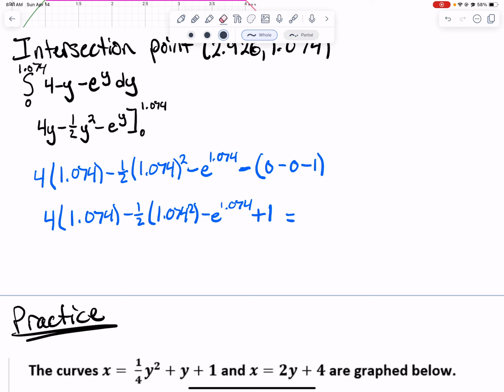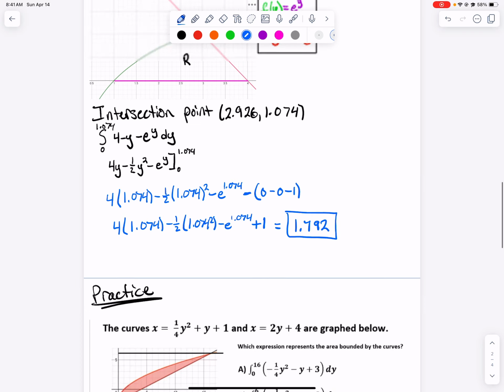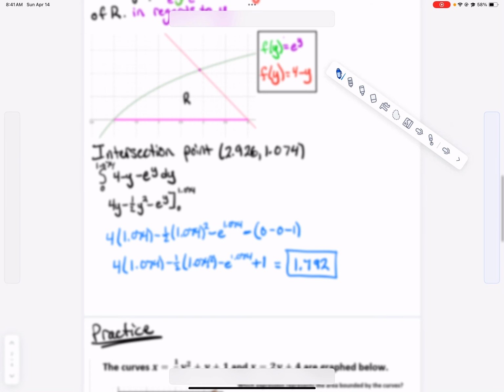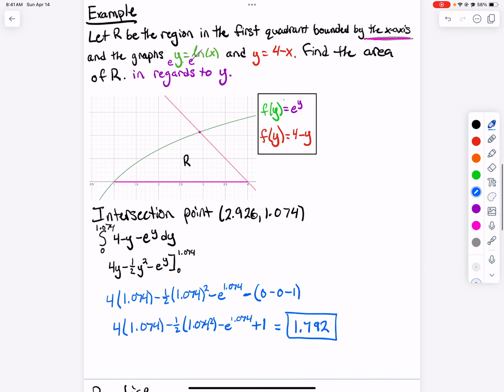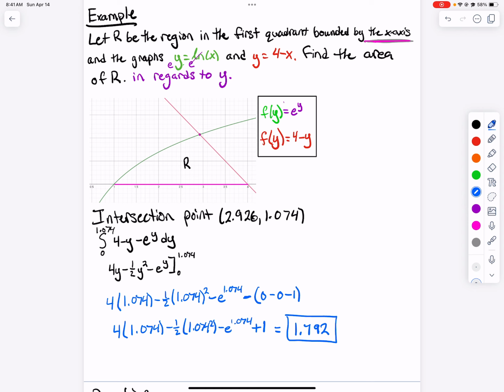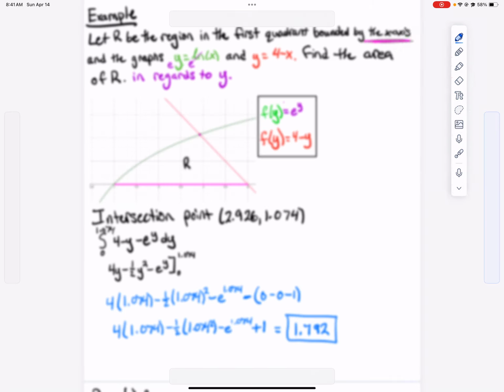The answer, when you type that all into your calculator, that you should get is 1.792, if my math is correct. So check your work with that, but that is what I got there. I'll move this to the side for right now so you can see the whole page.